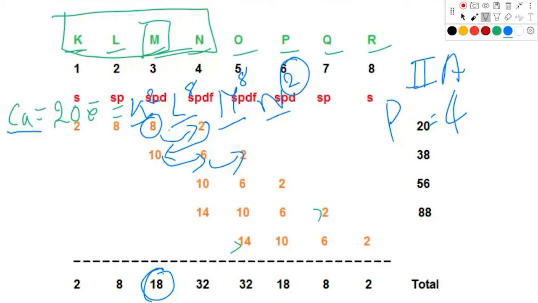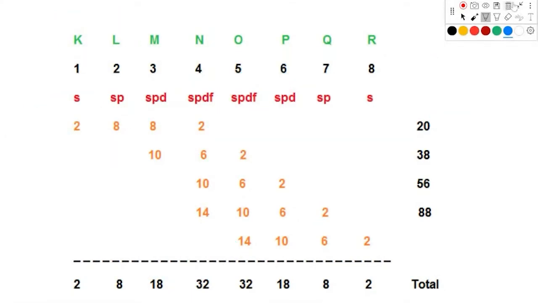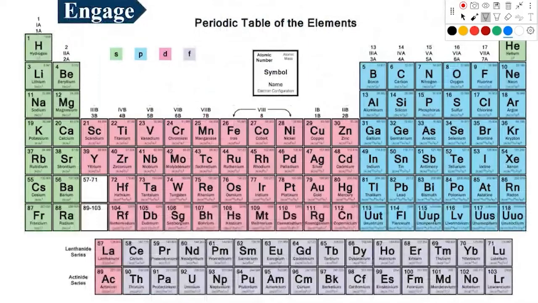Okay, let's take another example which has more than 20 electrons. Perhaps we see the periodic table. Okay, let's say iron.